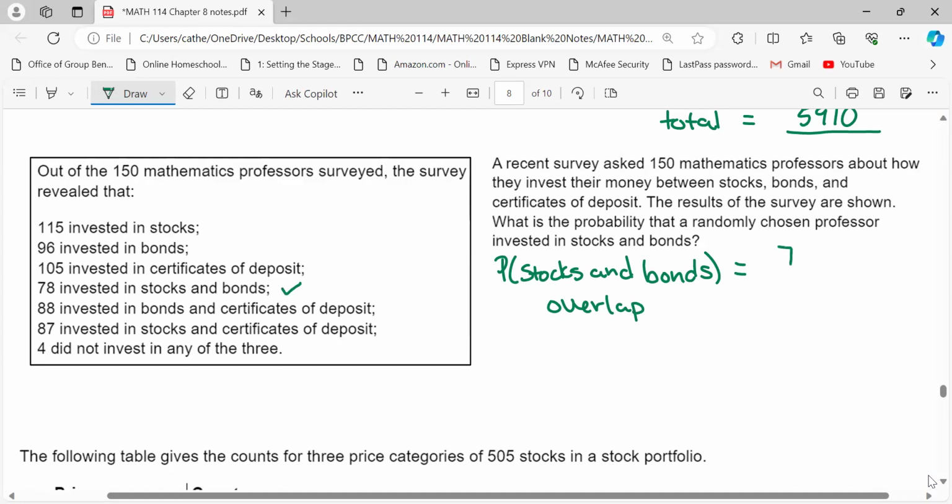That's 78 over the total, 150. They tell you it's 150, which is really nice. This would be similar to the Venn diagram we did with the 3 circles. Thank goodness they tell us what the total is. This decimal stops: 0.52. So about half of them invest.